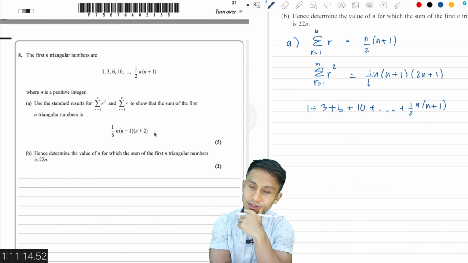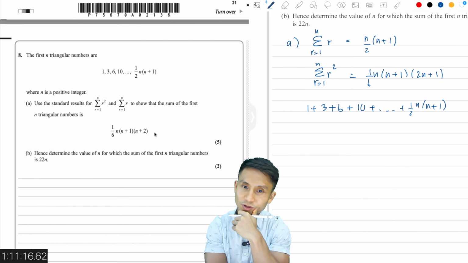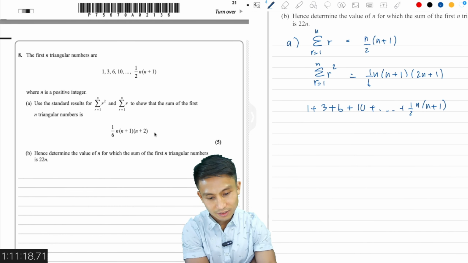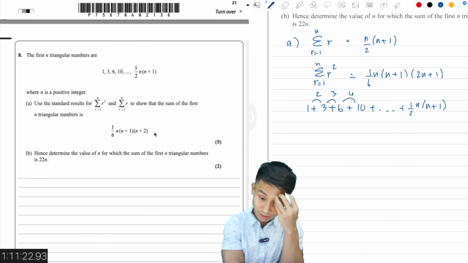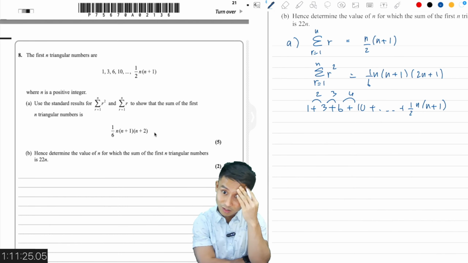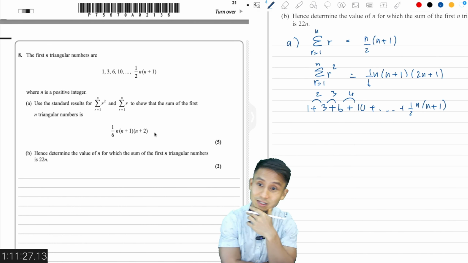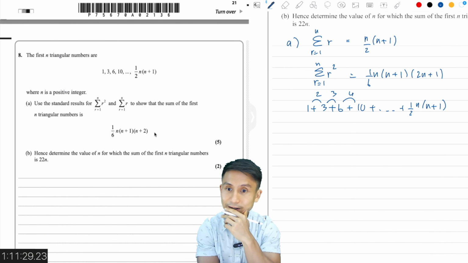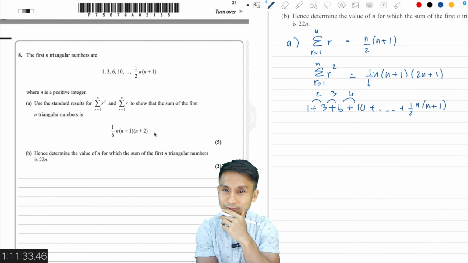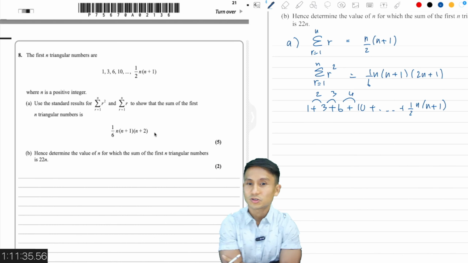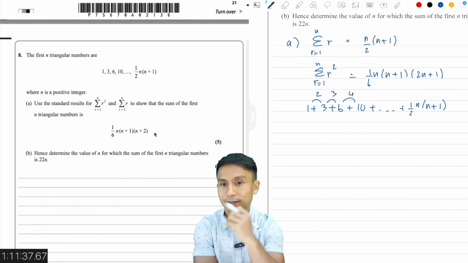How is it triangular? 2, 3, 4. The difference is 2, the difference is 3, the difference is 4. So the difference increases. This sounds like a quadratic sequence. It's a quadratic formula here, guys. Okay.